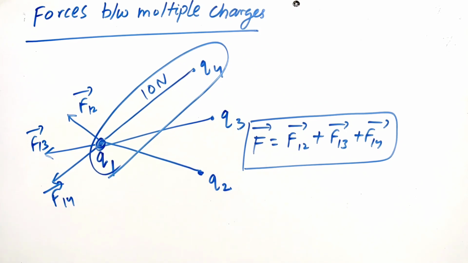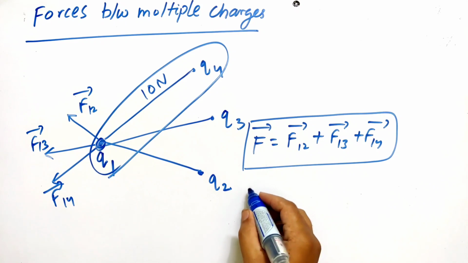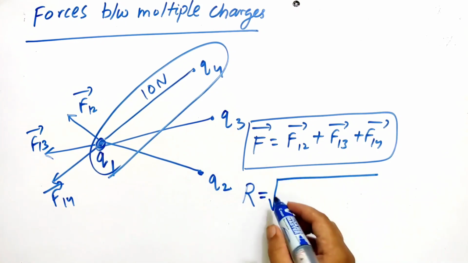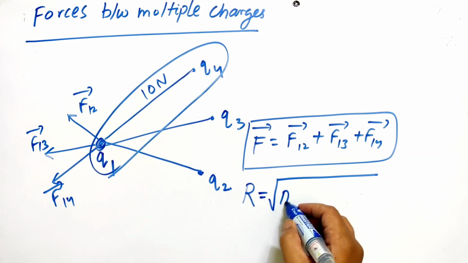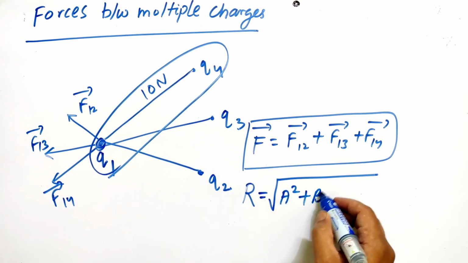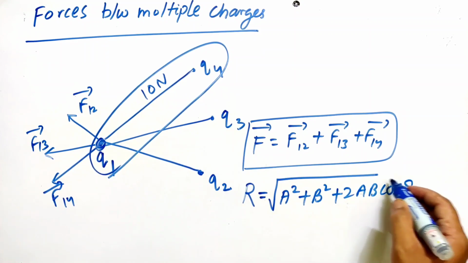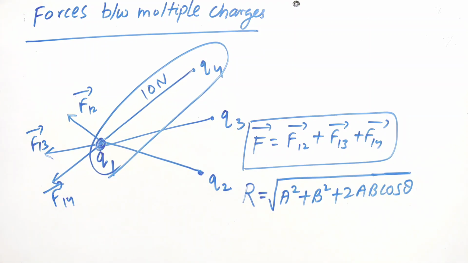To solve this type of problem, you should know the vector formula for the resultant of two vectors, that is R vector equal to root over of a square plus b square plus 2ab cos theta, where theta is the angle between the two vectors.